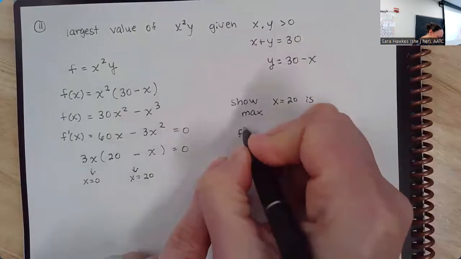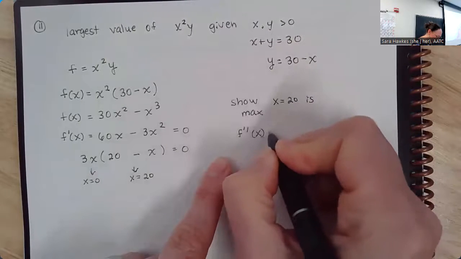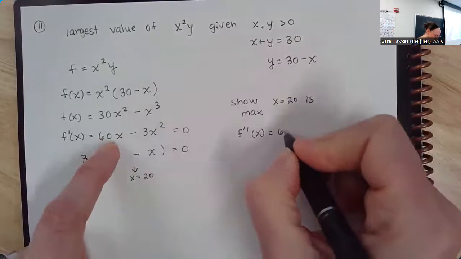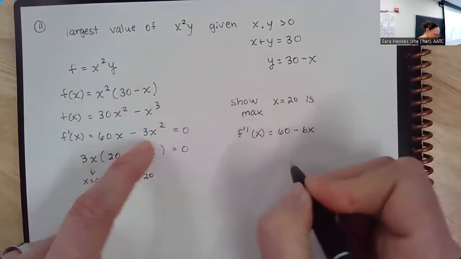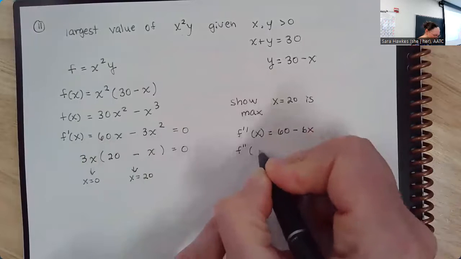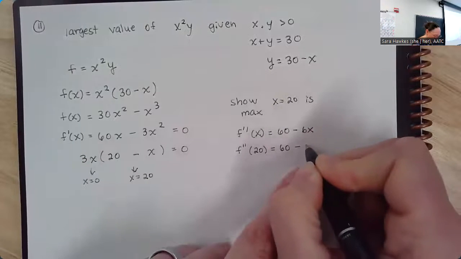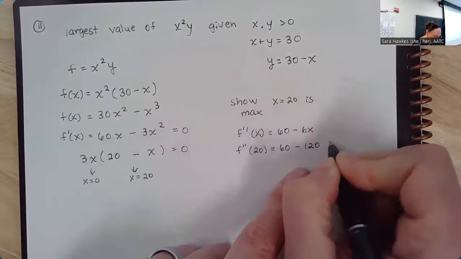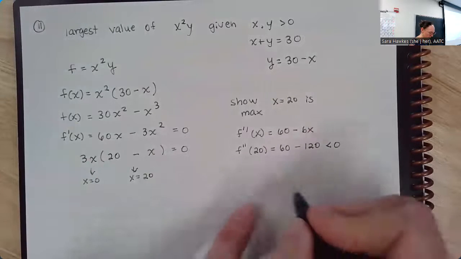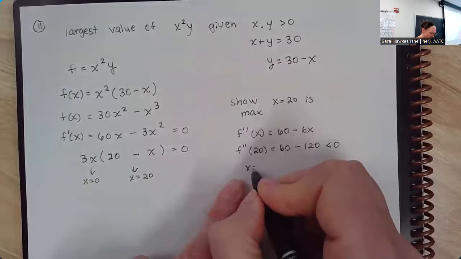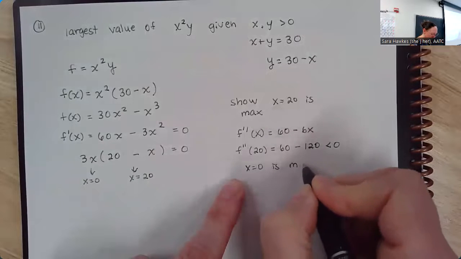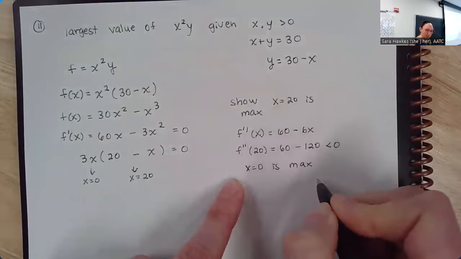I could take that second derivative, 60 minus 6x, and show that f double prime of 20 is less than 0. So x equals 20 is our max.